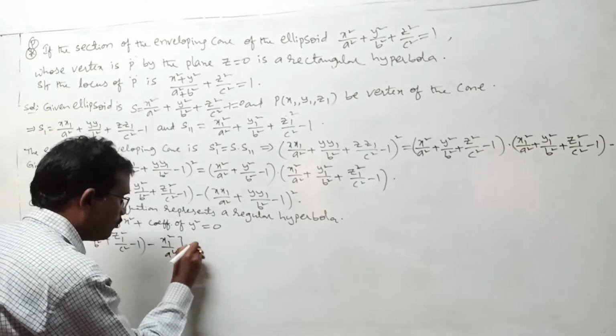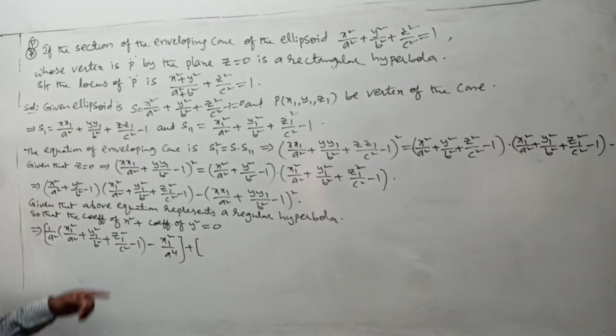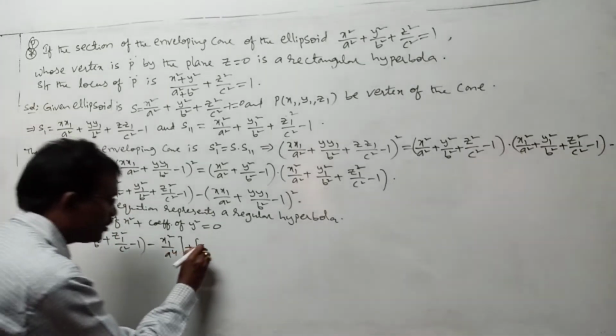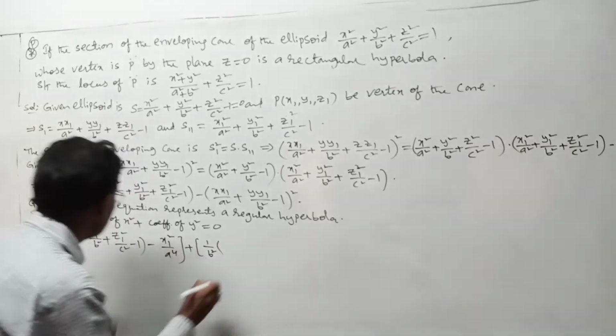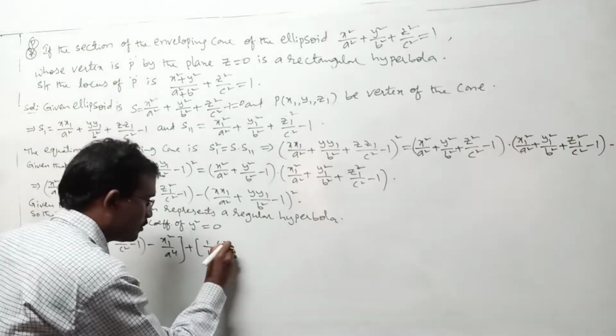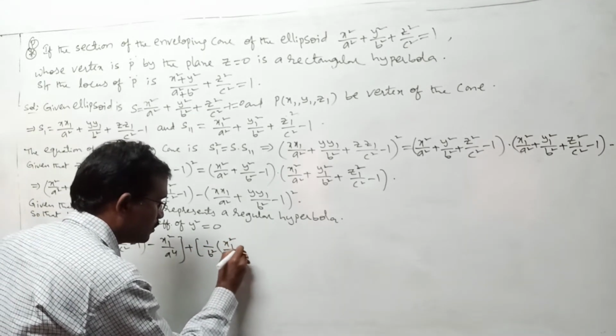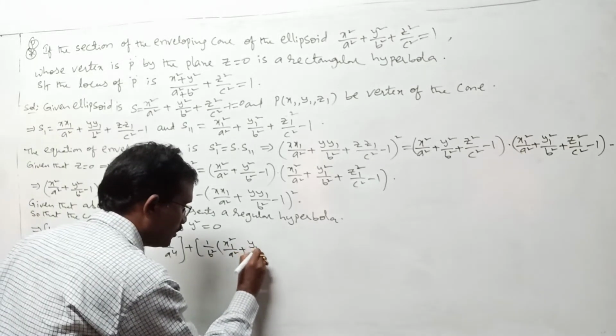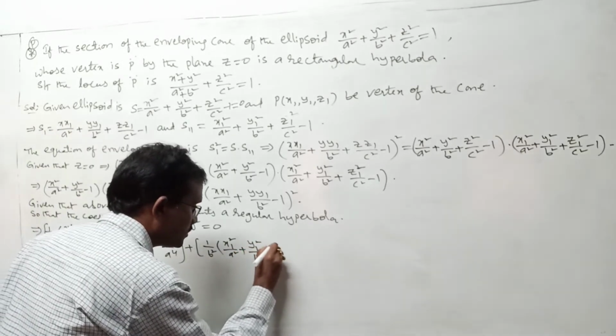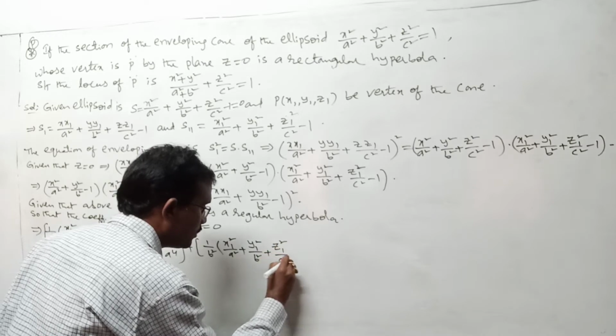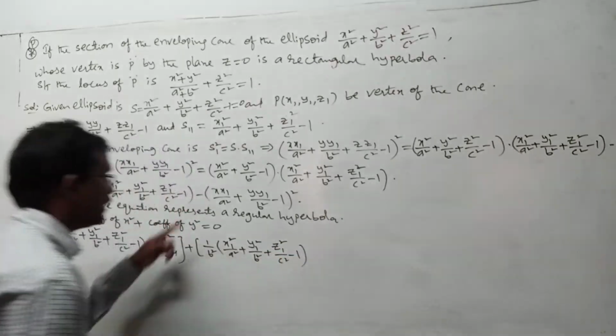Plus what is the y square coefficient? This 1 by b square into this total x1 square by a square plus y1 square by b square plus z1 square by c square minus 1, and here it is what now?